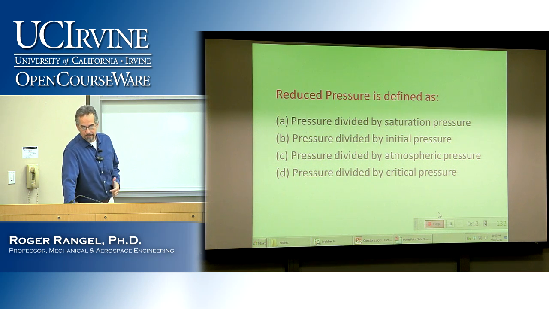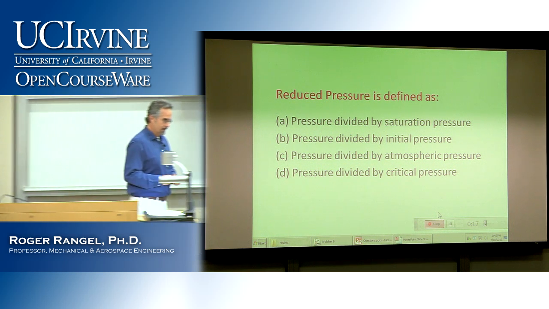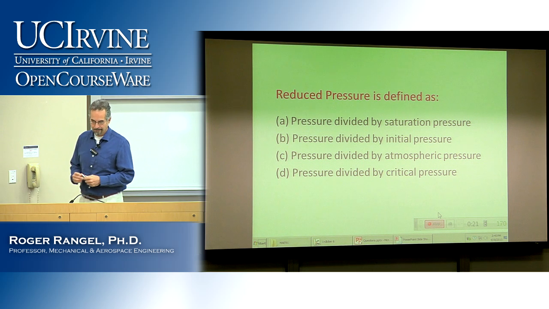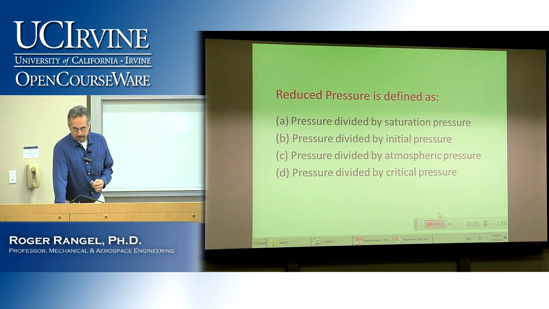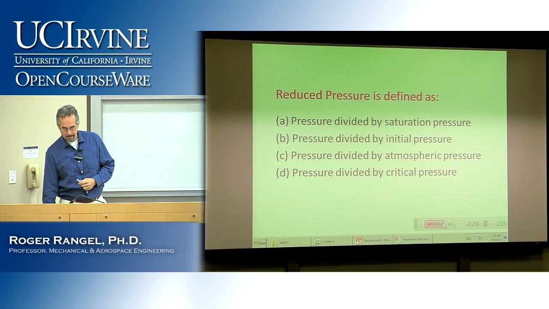Pressure divided by atmospheric pressure? Or pressure divided by critical pressure? And yes, you can look it up in your notes if you have it. Okay, 5, 4, 3, 2, 1, 0. Okay, what do we have?